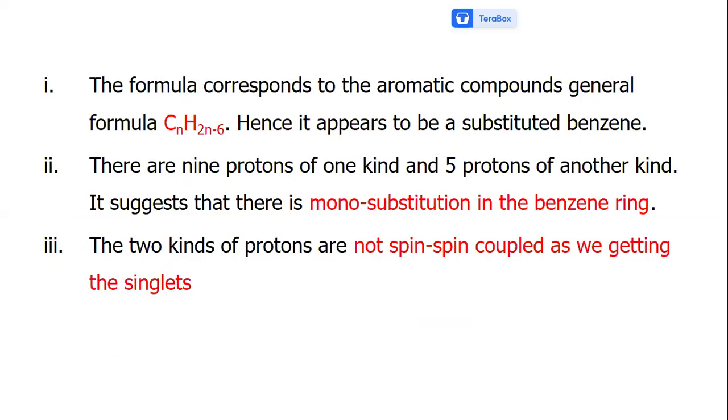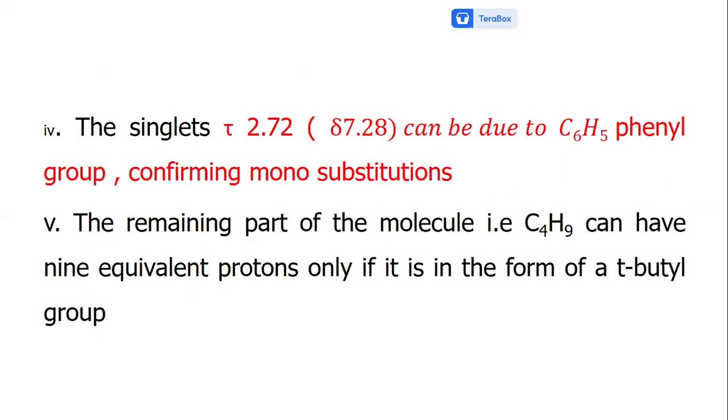The formula corresponds to aromatic compounds, general formula CnH2n-6, hence it appears to be a substituted benzene. There are 9 protons of one kind and 5 protons of another kind, which suggests monosubstitution in the benzene ring. The two kinds of protons are not spin-spin coupled, as we get singlets.